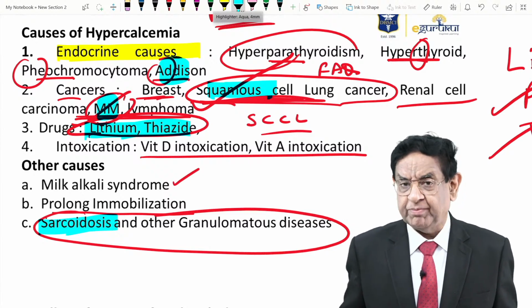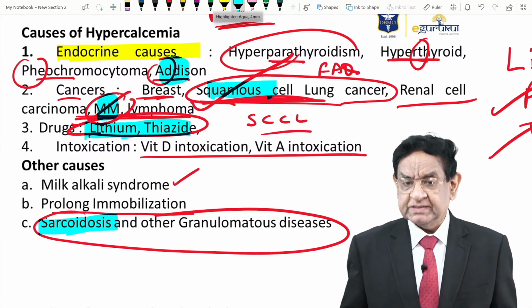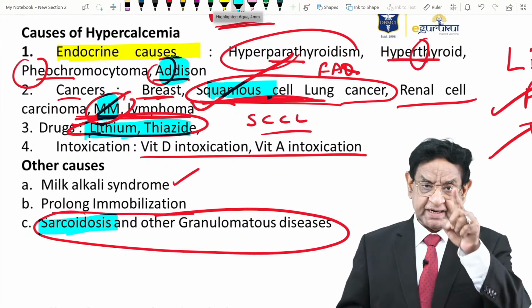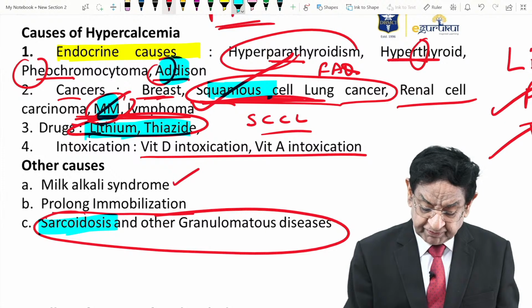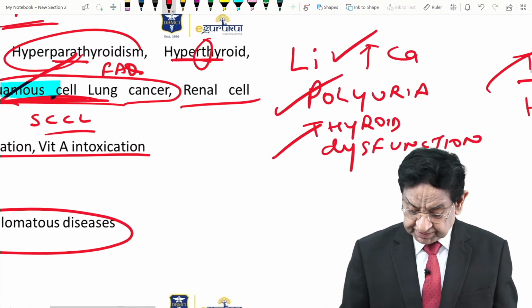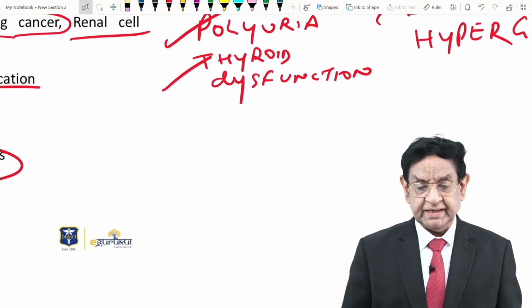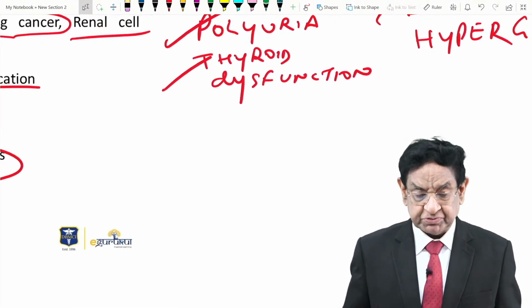Now a very commonly asked question: how can sarcoidosis or granulomatous disease lead to hypercalcemia? Write down the answer quickly in your copy. Well, the answer to this question is, let's learn the basic biochemistry.